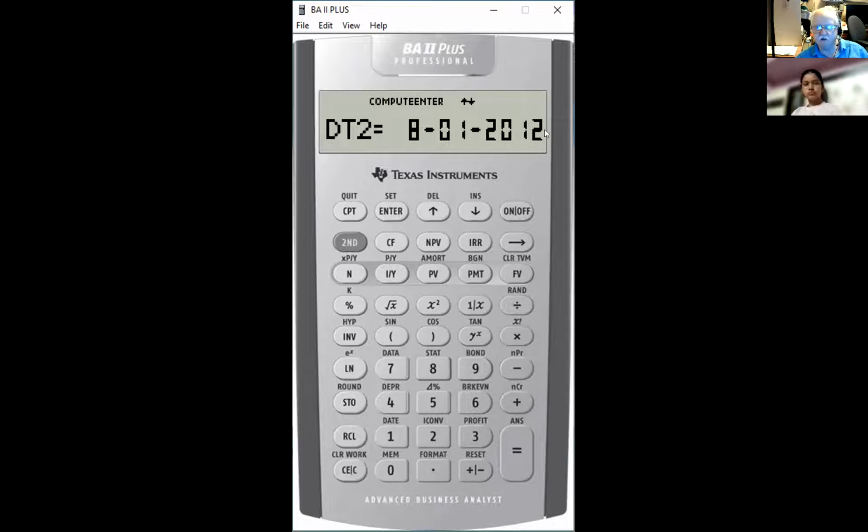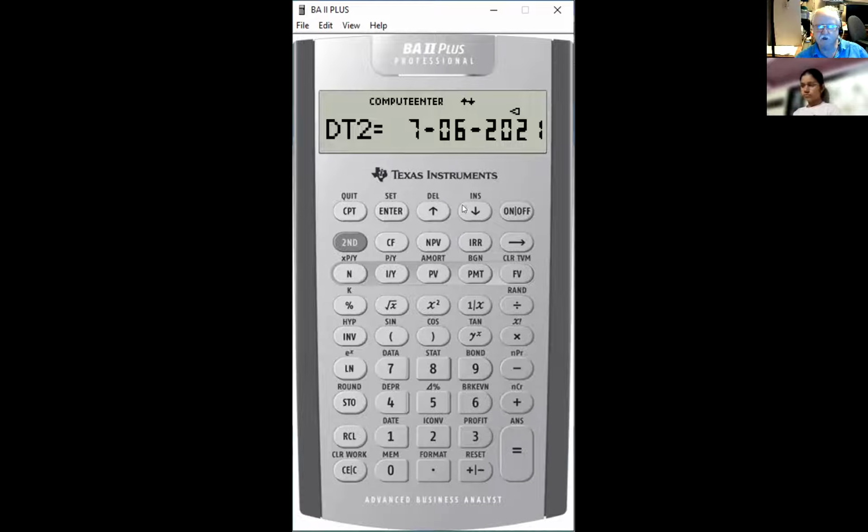Now I'm looking at date 2. So it's July, which is the 7th month. So 7 and then a dot. Then for the day, 06, and for the year, 21. And I go enter, and it shows me 7.062021.